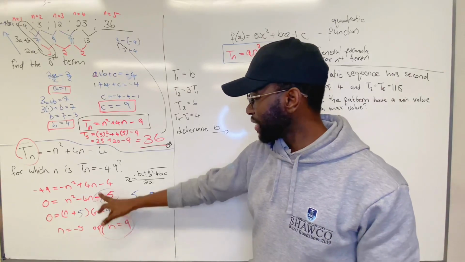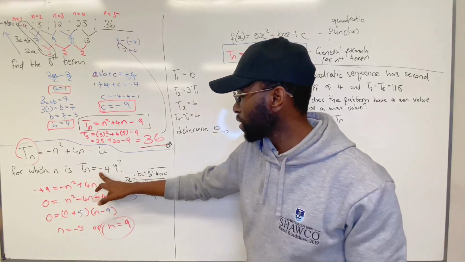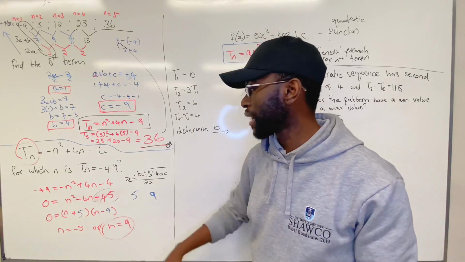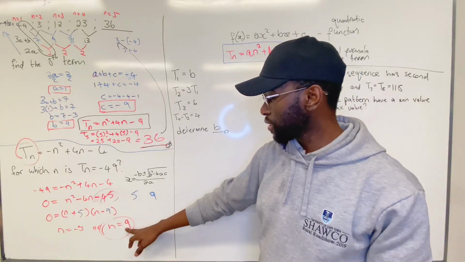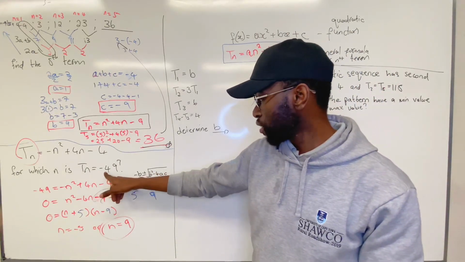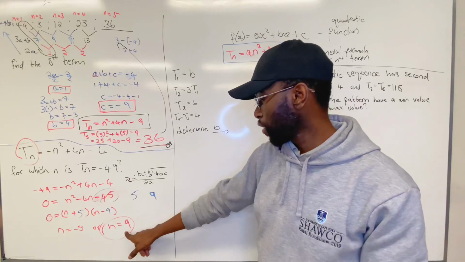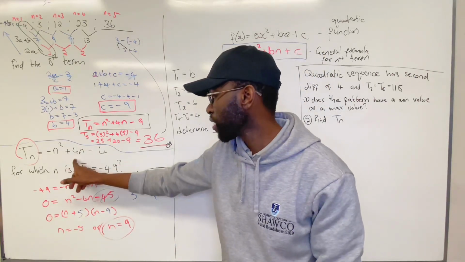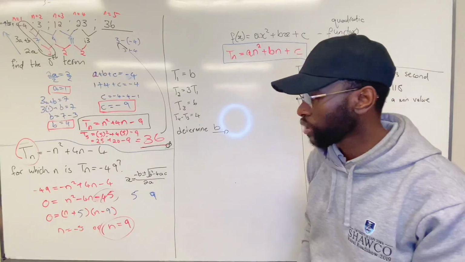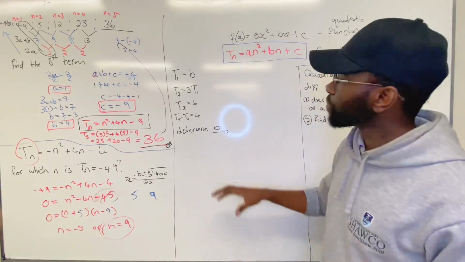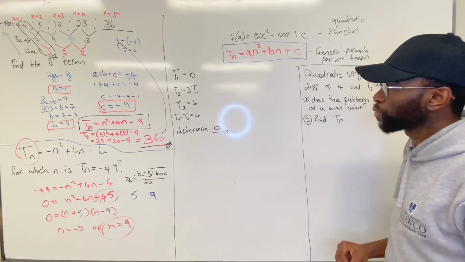So for which n is Tn equal to -49, it will be number 9. It will be in position number 9. So -49 is term number 9. We can take this 9 and put it in here, and you'll find -49.